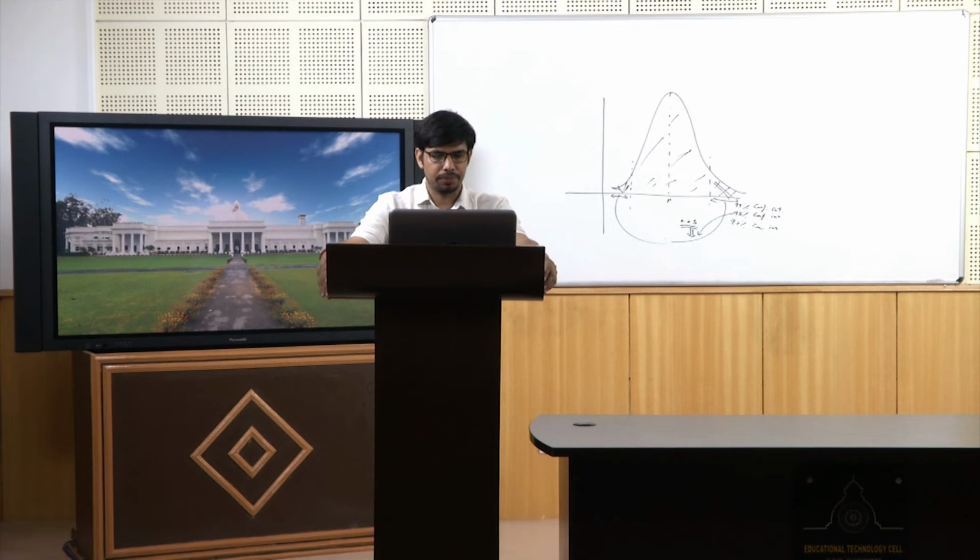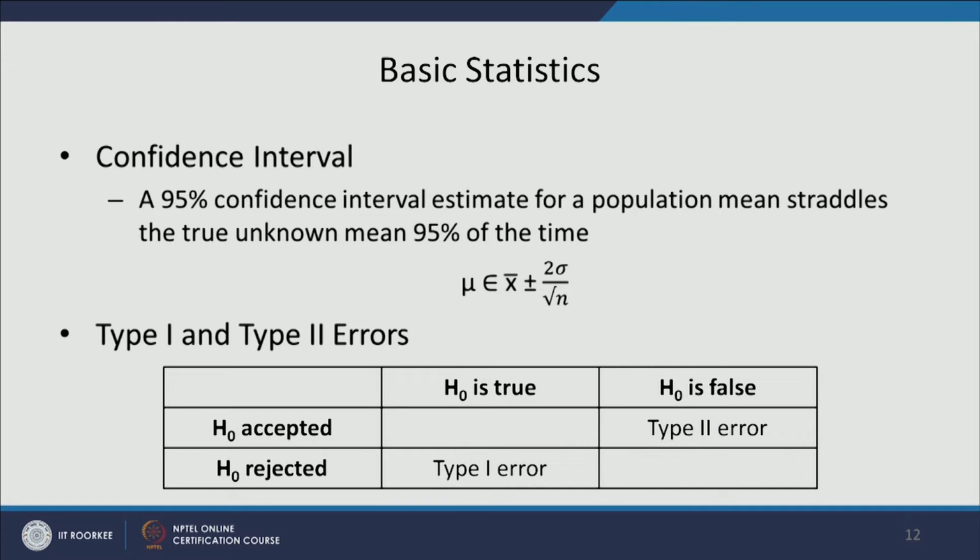Now, at this point we can discuss two important issues related to errors, type 1 and type 2 errors. In the classification table displayed on this slide, you can see when type 1 error and type 2 error can occur. If the null hypothesis is rejected while the null hypothesis is true, that is called a type 1 error: the null hypothesis is actually true, but it has been rejected by our hypothesis test.